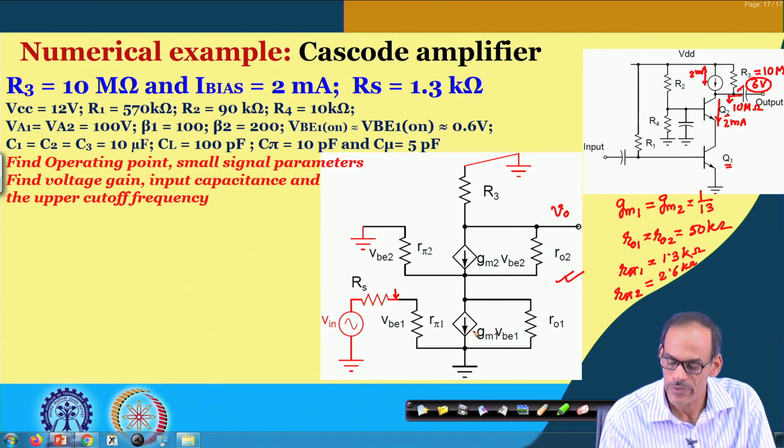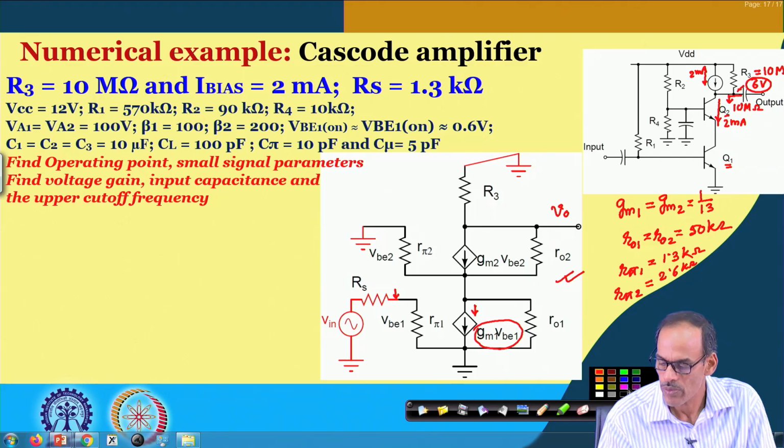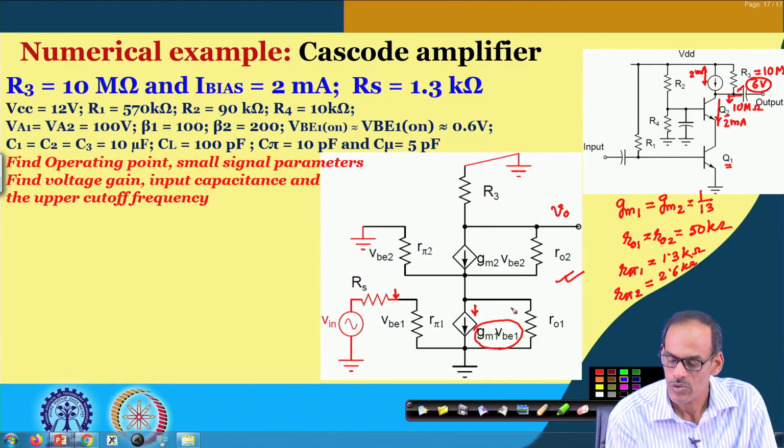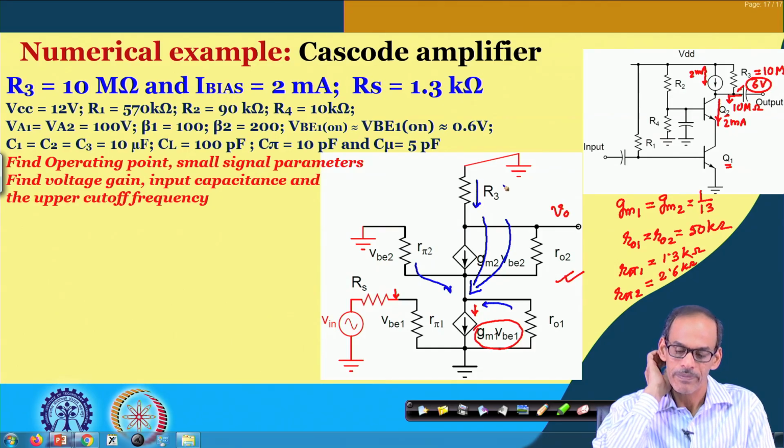So, the current flow here is gm1 into vb. Now, part of this current is coming from ro1, then we have rπ2, and also we have this circuit supplying current, and based on this current we have the current flowing through R3.